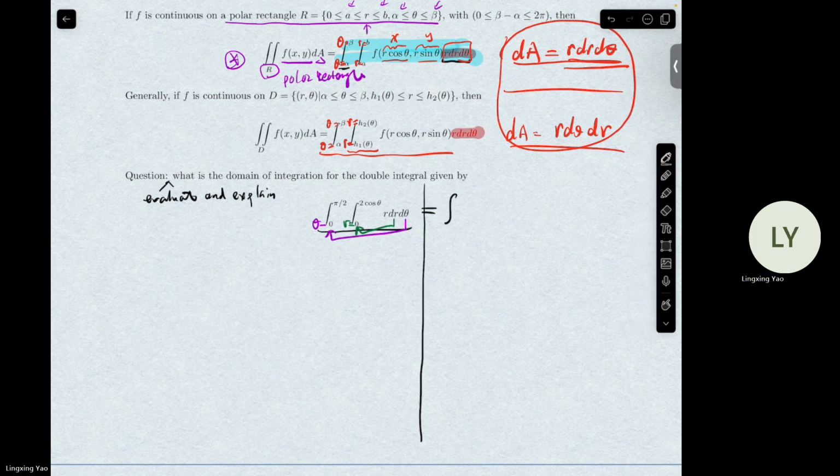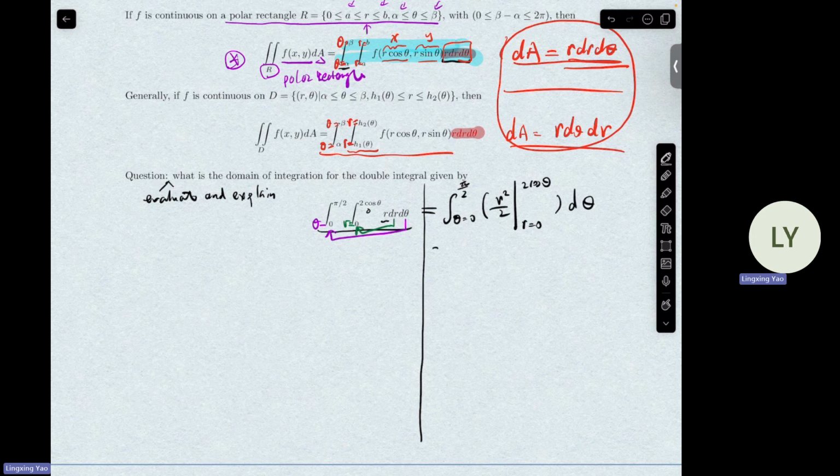The theta is between 0 and pi over 2, and the integrand, well, we are integrating about r, right? And the antiderivative for r is r squared over 2, and here r is evaluated at 0, and the upper bound is a function of theta.